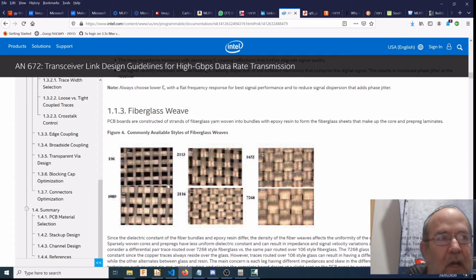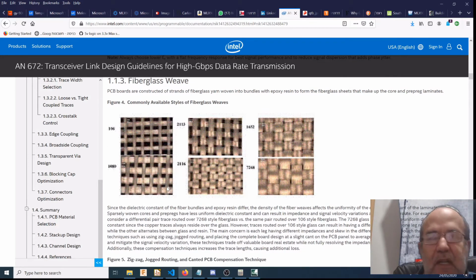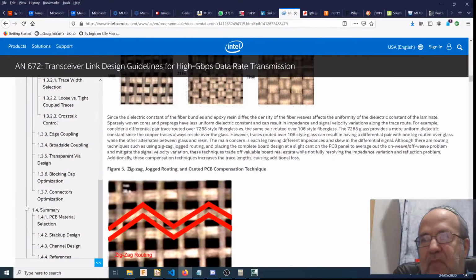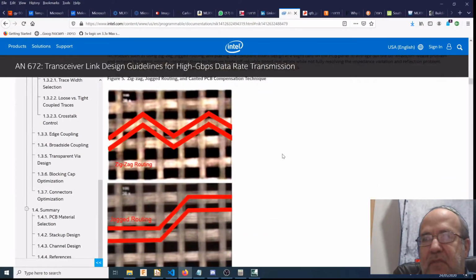They won't be going only along the mesh. They'll also be going over the resin. Okay, the higher quality the PCB, the tighter the mesh.